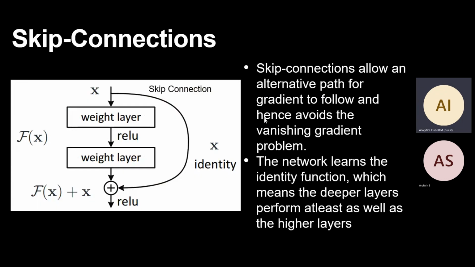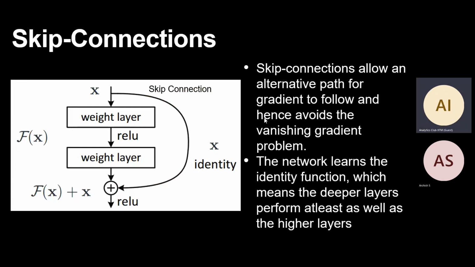You resolve this by using something called skip connections. In skip connections, you add your input directly to your output. You can see here, there is some input X, you perform some operations on it, it gives you some f of X, and then you add your input X directly to your output. If you now differentiate this, this additional factor of X will give you a gradient that is closer to 1.